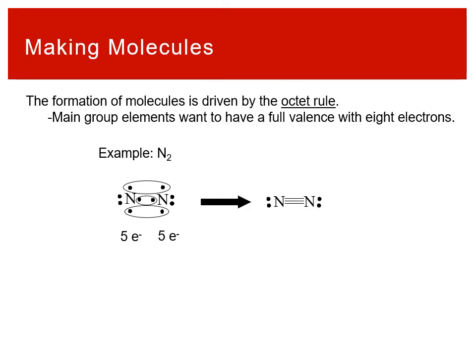And so overall, the nitrogen atoms are going to share 3 pairs of electrons. And so that's 6 total shared electrons, which we call a triple bond. Again, each bond is 2 electrons, so a triple bond is going to be 3 shared pairs of electrons, which is denoted by 3 lines in between the nitrogen atoms that we have right there.